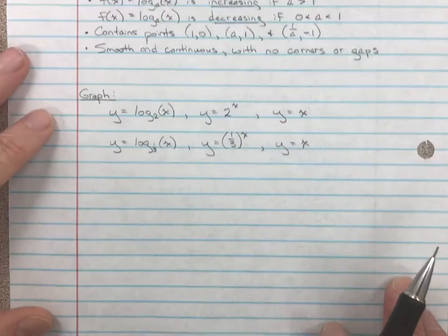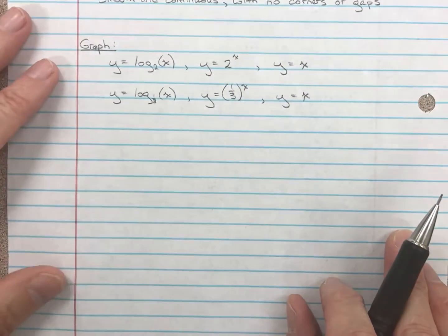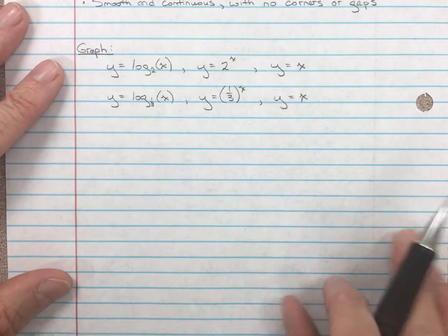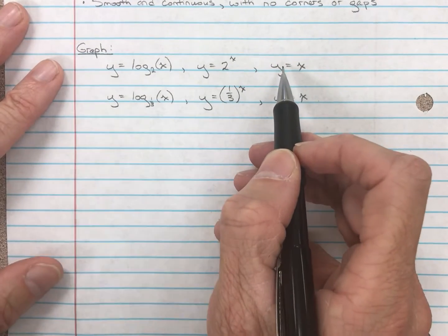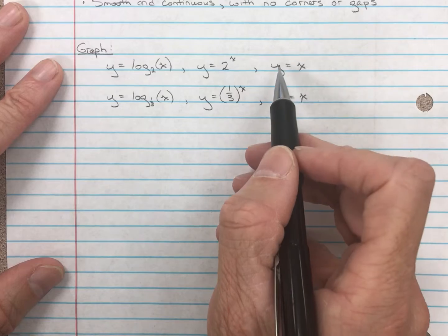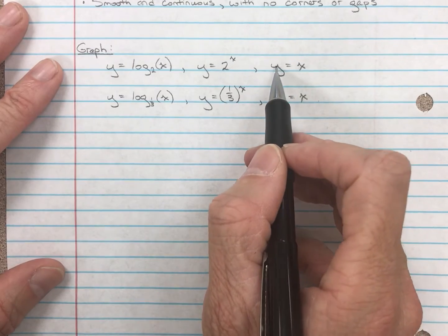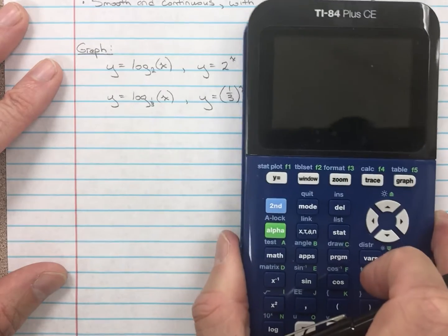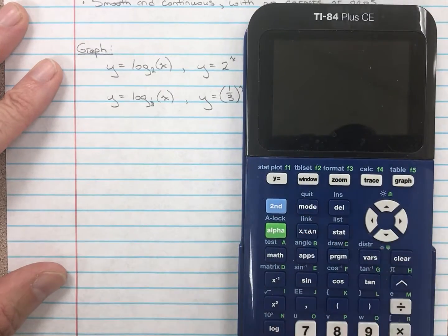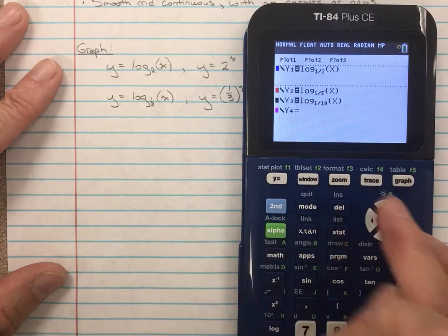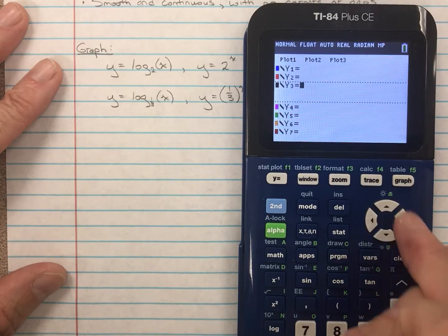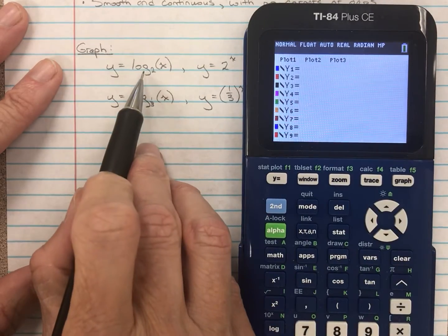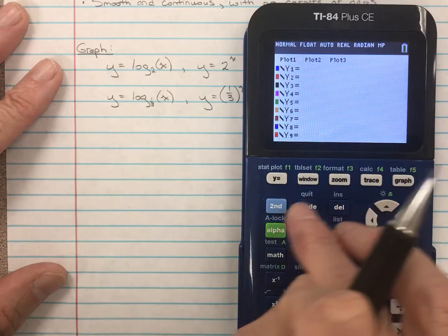All right, let's take a look at these two functions that are inverse functions, and let's compare them. We know that because they're inverses, they should be symmetrical with respect to the line y equals x. So let's put these things together with their graphs. So I'm going to go into y equals. I'm going to clear these out. And let's graph the log base 2 of x.